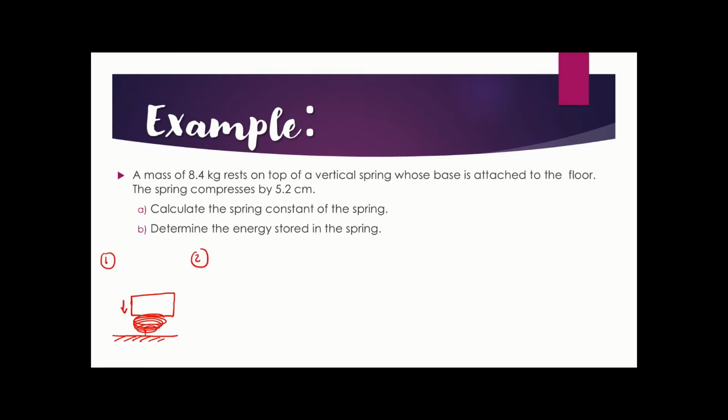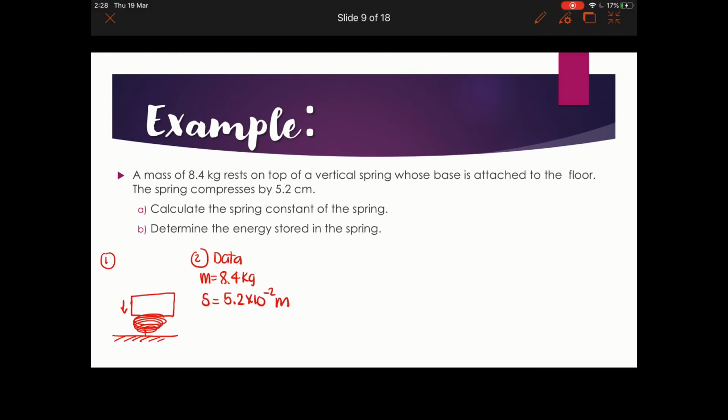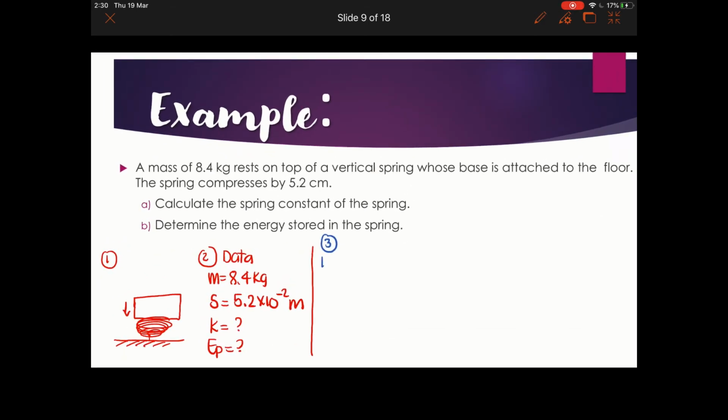Now, the data we have is that the mass equals 8.4 kilograms and the compression distance is 5.2 centimeters. Okay, then what we want to calculate is the constant of the spring and the energy stored in the spring, which is the elastic potential energy. So we're going to start.